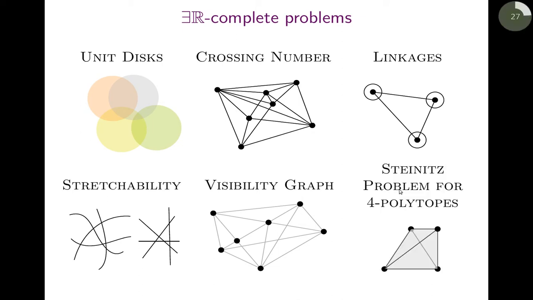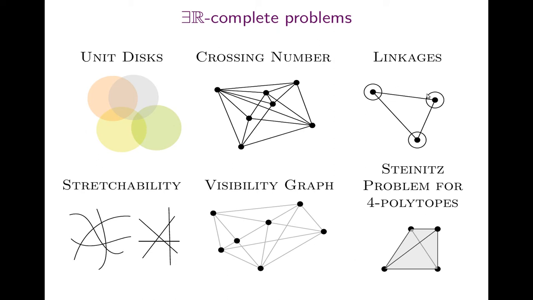And another very famous problem that is existential-R-complete is Steinitz's problem for 4-polytopes. So I give you the combinatorial structure of a polytope in R4, and I want to know whether there actually exists such a polytope in R4 realizing this combinatorial structure. This turns out to be, again, existential-R-complete.